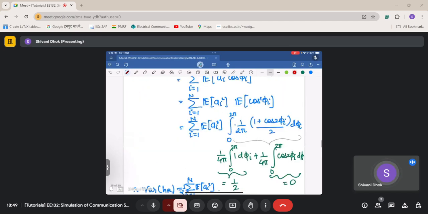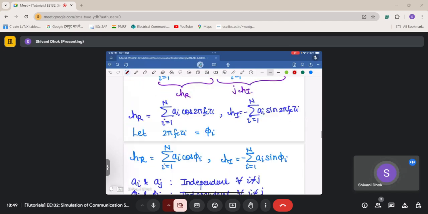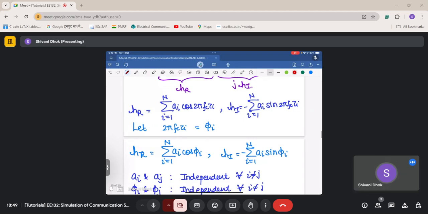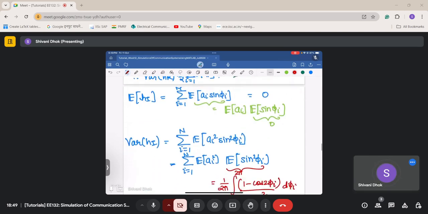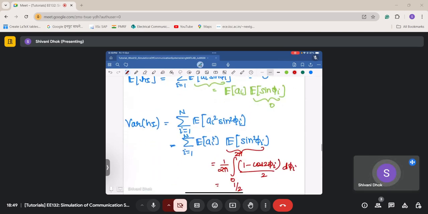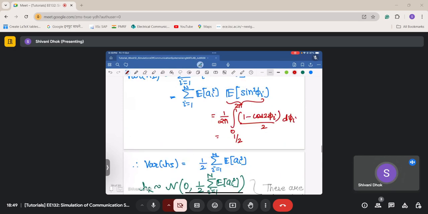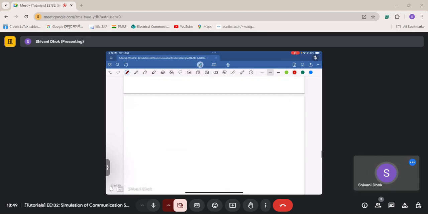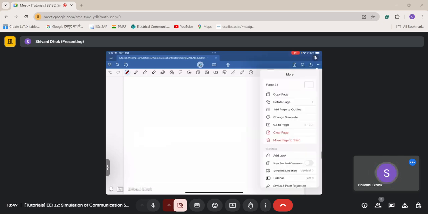So the main takeaway from this question is that when you have a large number of reflected components and a non-line-of-sight path, you can model your channel as Rayleigh faded. Any questions? I'm taking up these things because they are good to know when you study wireless communication.